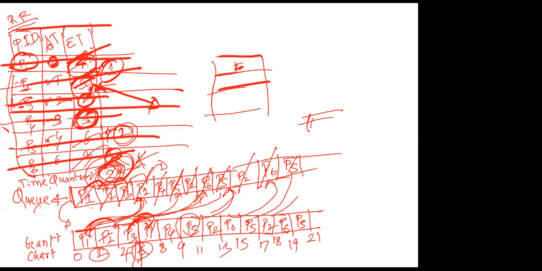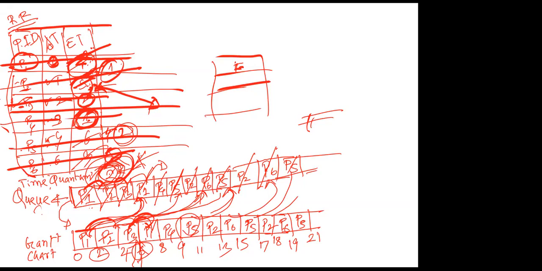But SJF and SRTF are not practically implementable algorithms. They use burst time or execution time, which is very difficult to predict at the beginning for a particular process. But round robin is practically implementable because it depends on the time quantum as well as first come first serve.